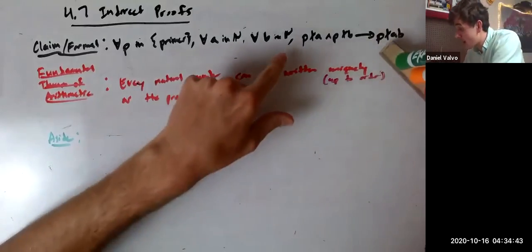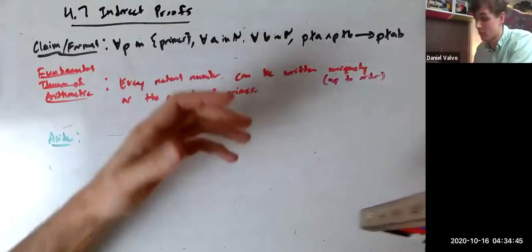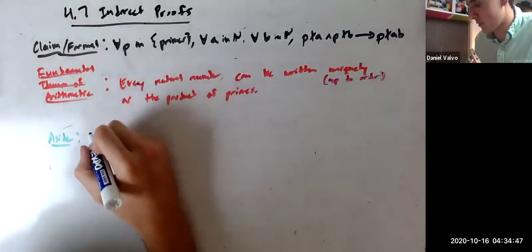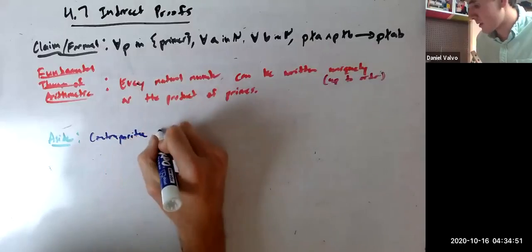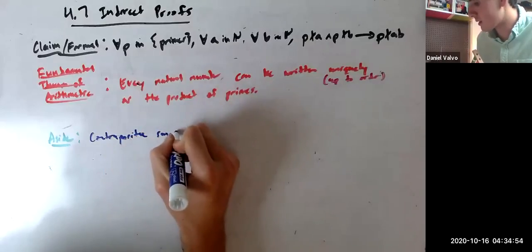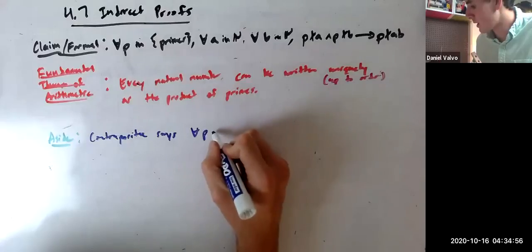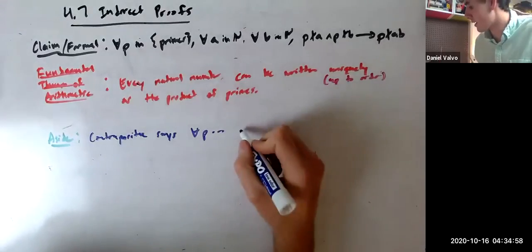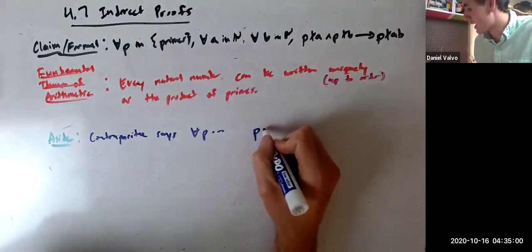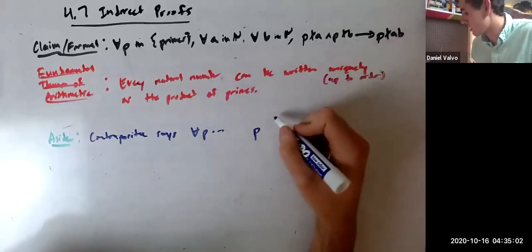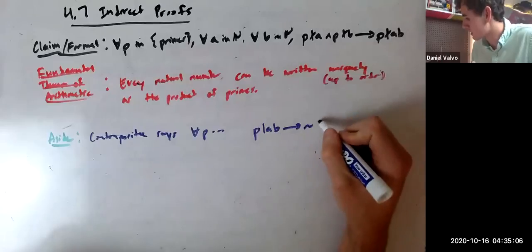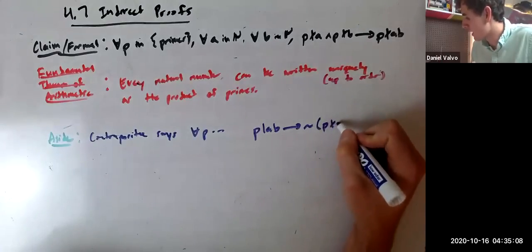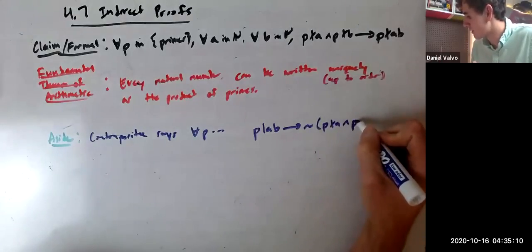Because if we look at the contrapositive of this, which remember is equivalent to the original statement, it says, for all P, and so on, that P divides AB implies that we don't have this.